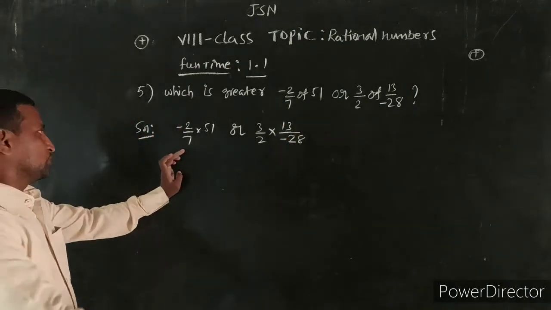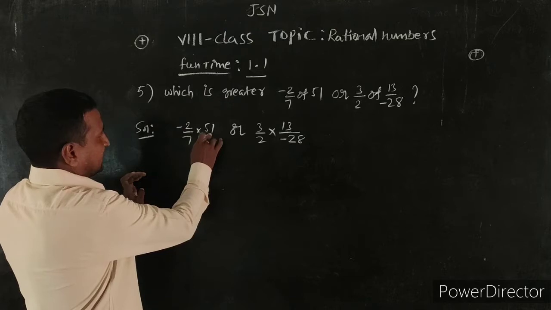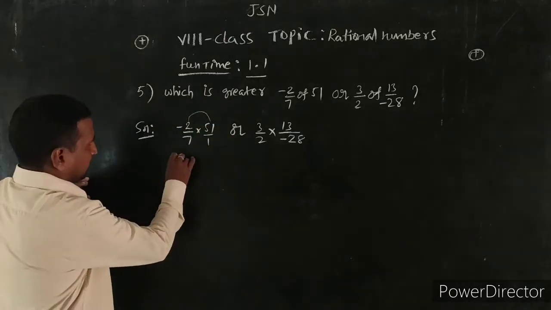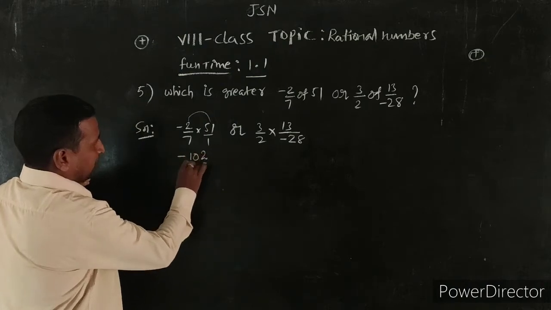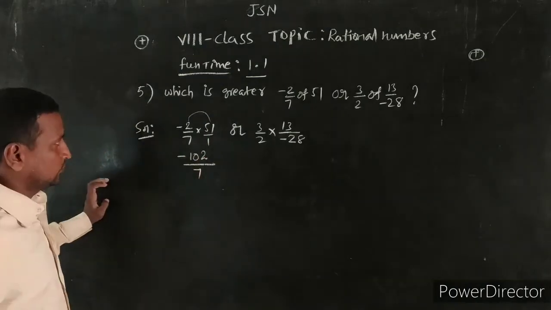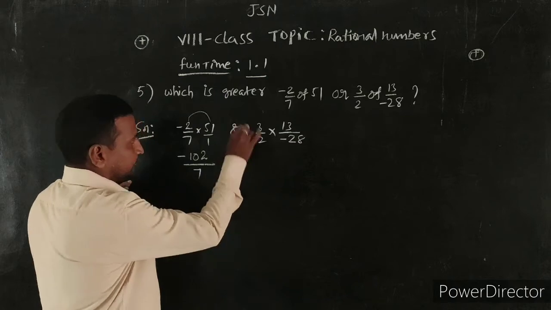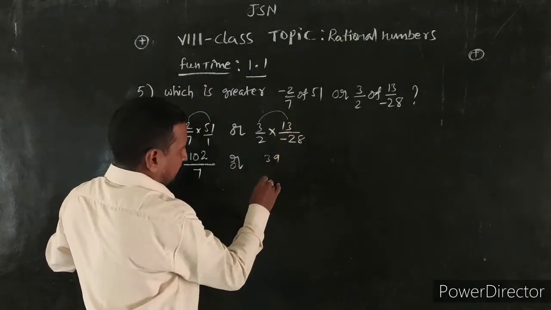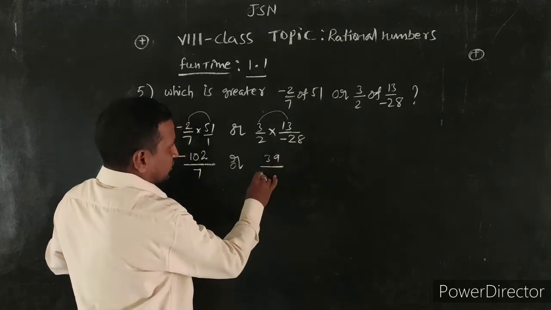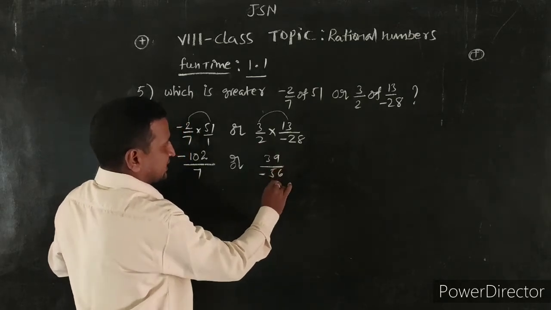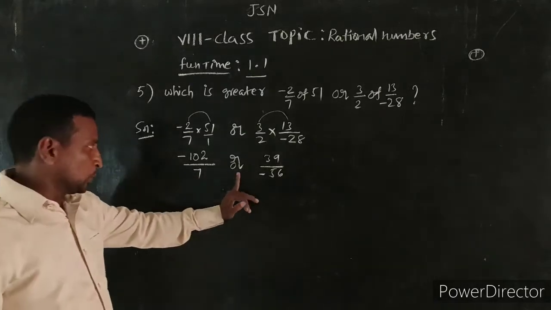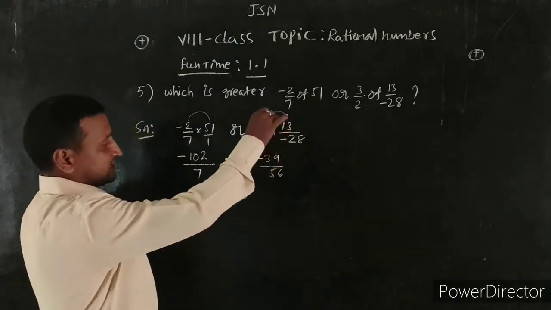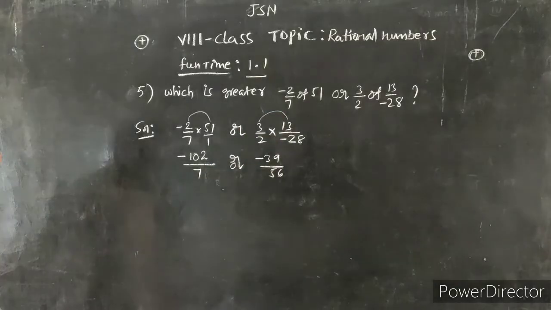So here the product of the numerators by the product of the denominators. 51 into 2 is minus 102 by 7 into 1 is 7, or 3 threes are 39 by 28 into minus 56. So the negative cannot be the denominator. So minus 39 by 56.